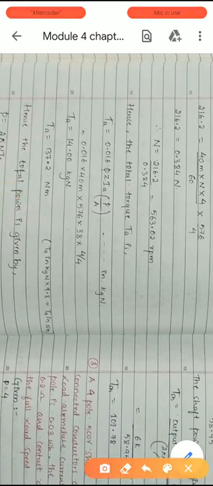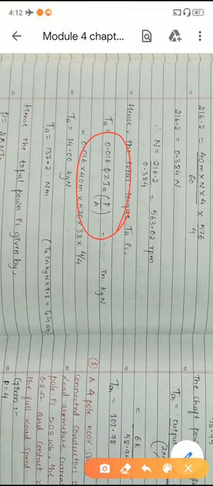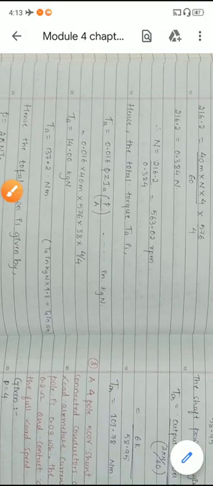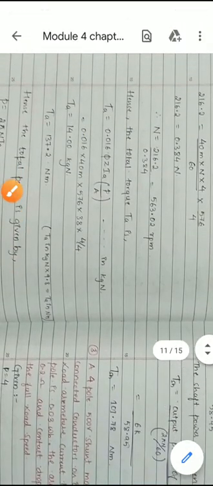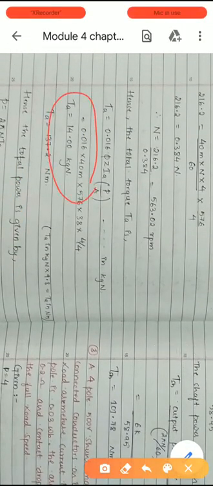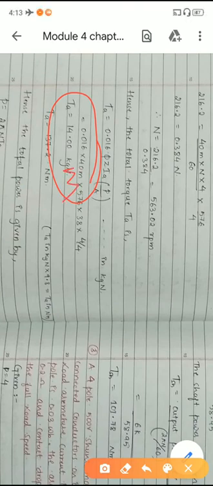Total torque, what is the formula? 0.159 phi Z IA P by A. We know the value of phi, we know the value of Z, we know the value of IA and we know the value of P by A. Substitute these values, you will get the value of TA. Right? So, if you substitute all, we will get TA is equal to how much? 14 kg meter.